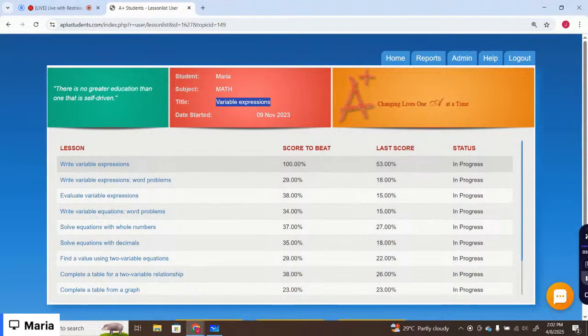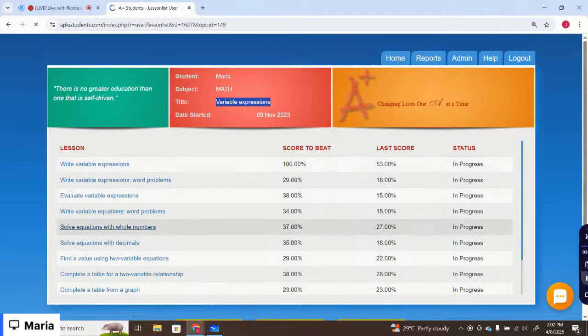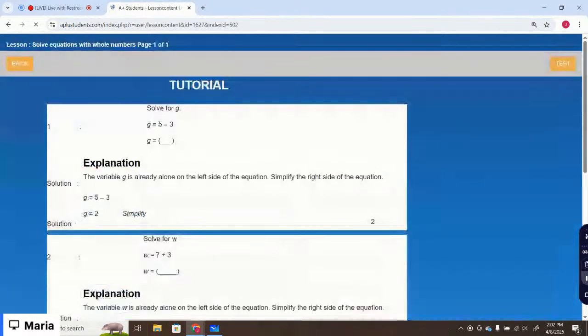Here we are on grade 5 math. The chapter we are on right now is variable expressions. Let's just start with the lesson that is solve equations with whole numbers. Solve for g. g equals 5 minus 3. So here the variable g is already isolated.